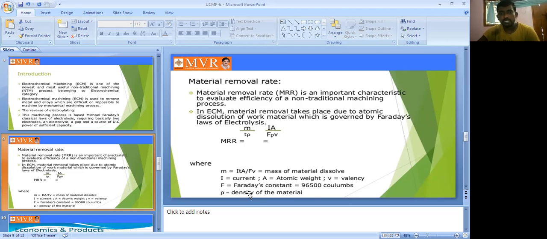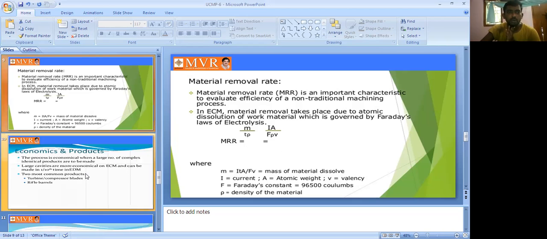Rho is the density of the material. So MRR in ECM is M by t rho, equals I A by F rho V. So it is the formula for the material removal rate.